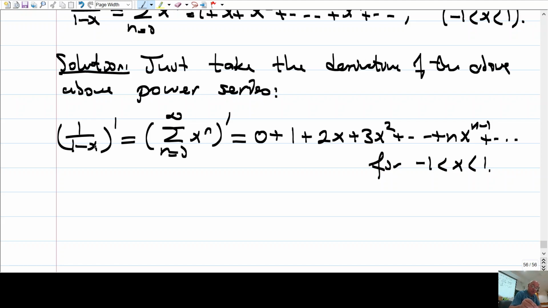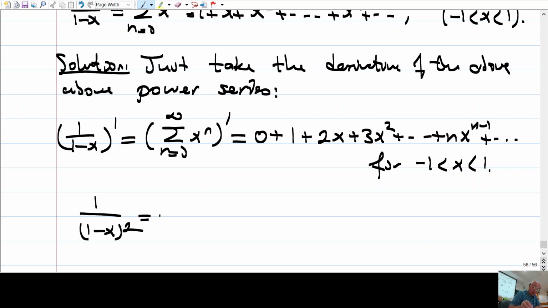Well, this is a function and its derivative is just what? Derivative of 1 times 1 minus x, which is 0, minus 1 times derivative of this, it's another minus 1. So I get just 1 over 1 minus x squared.